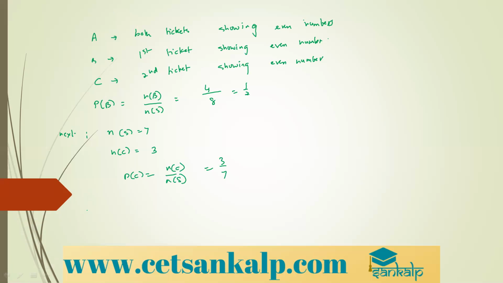So the required probability of A will be both tickets showing even numbers. That is, first ticket showing even number probability, second ticket showing even number probability. And that is 3 by 14.